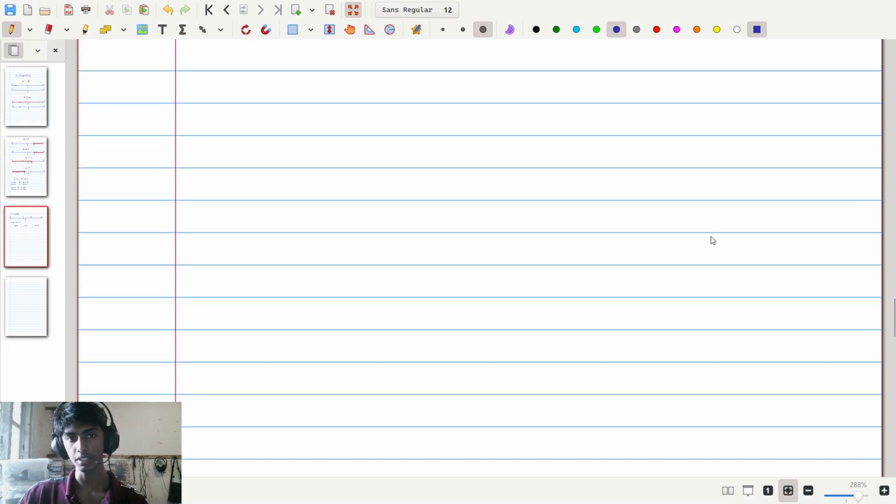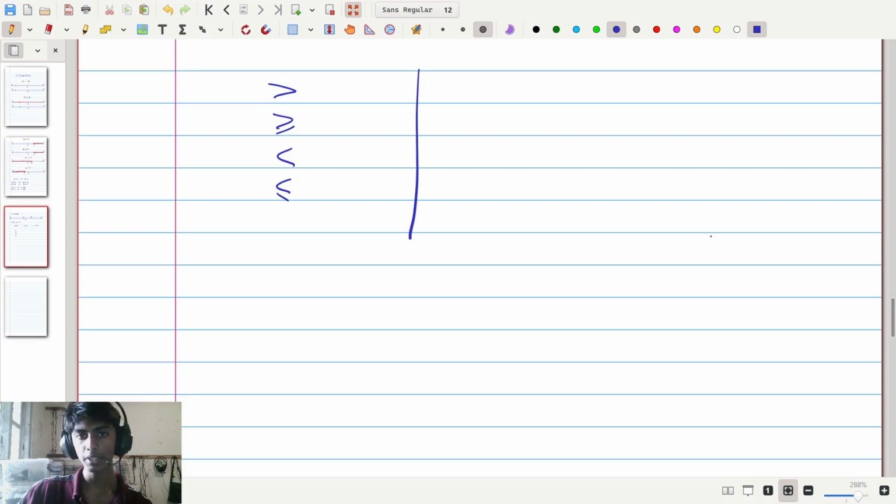Let's now consider the opposite symbols, the not symbols of the ones that we previously discussed: the greater than sign, the greater than or equal to sign, the less than sign, and the less than or equal to sign. Their corresponding not operations would be the not greater than sign, the not greater than or equal to sign, the not less than sign, and the not less than or equal to sign.